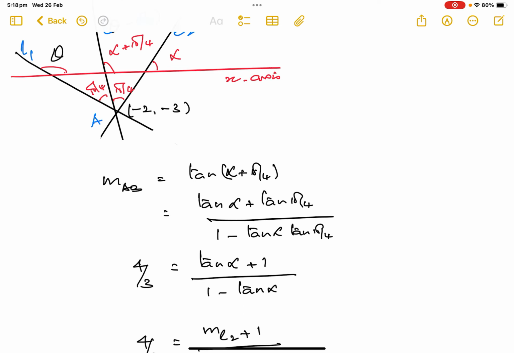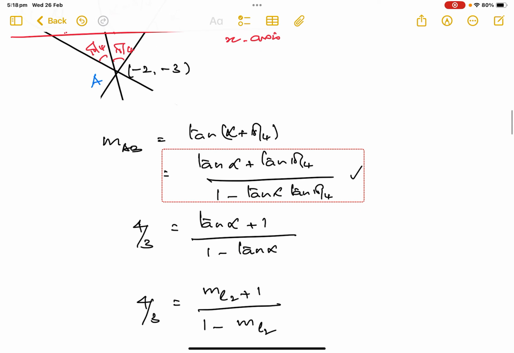This is the property of trigonometry, tan A plus B: tan alpha plus tan pi by 4, divided by 1 minus tan alpha tan pi by 4. That is a standard trigonometric property for tan of two angles added.